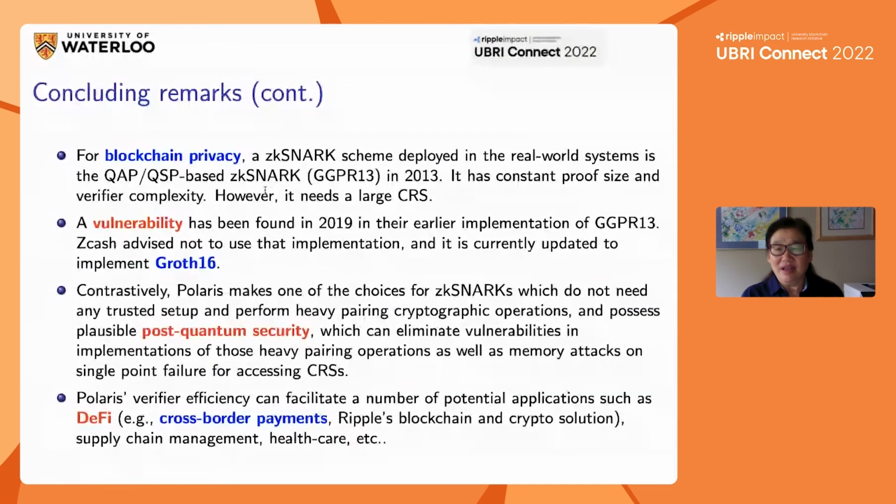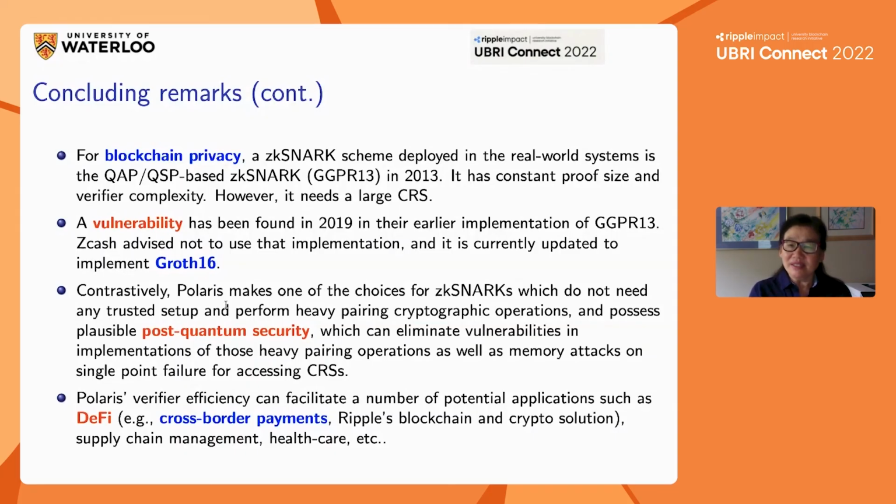Although they have constant proof size and verifier complexity, they need a large common reference string. A common reference string vulnerability was found in 2019 in Zcash's early implementation of GGPR13. So currently they will implement Groth16.